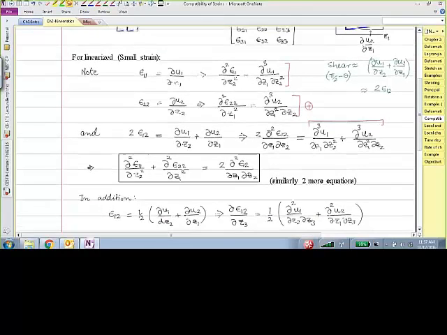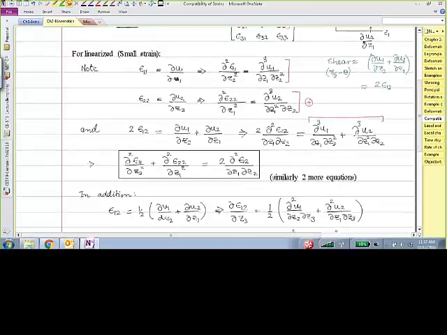And if you switch, instead of 1,1 and 2,2, to 1,1 and 3,3 or 2,2 and 3,3, then you get two more equations. I hope this is just algebra. I'm sure you can do that.